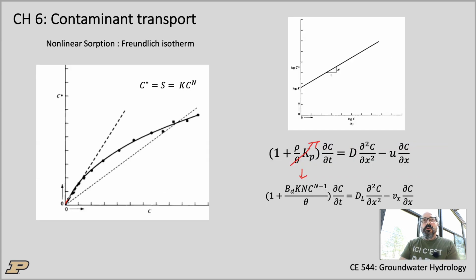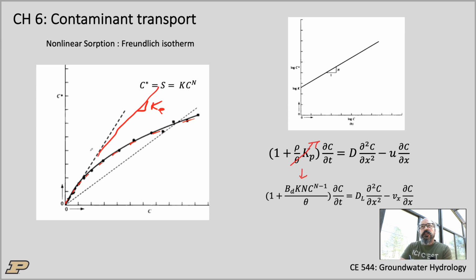Okay, so in real life, we don't usually have those linear isotherms that we've seen before, but what happens is we have non-linearity of the sorption. The reason is, if you look at these linear isotherms like we had before, you can basically have infinite mass sorbing onto a finite amount of sorption sites, right?